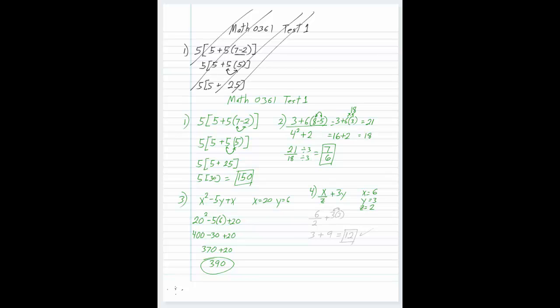So x is 6, z is 2, and y is 3. Well, 6 divided by 2 is 3. 3 times 3 is 9. And 3 and 9 may add together to give us 12, which is our answer.